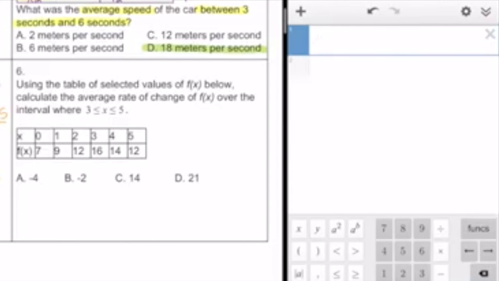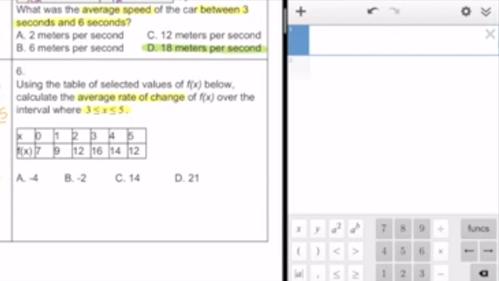And finally, number 6. Using the table of selected values of f of x, calculate the average rate of change of f of x over the interval where 3 is less than or equal to x is less than or equal to 5. We've done a little bit with inequalities, so that should be familiar to you. So x is between 3 and 5.